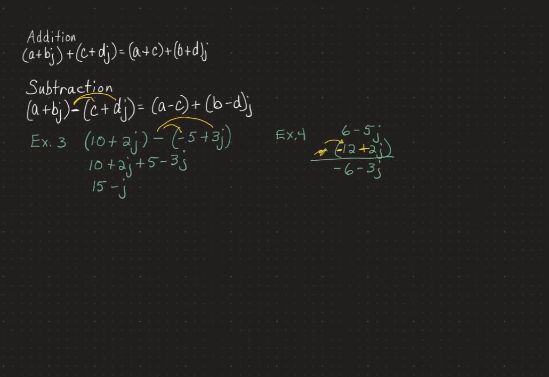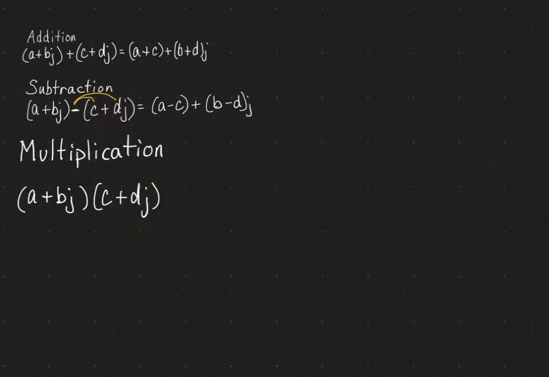Let's move on to multiplication. Now when you look at these two complex numbers here ready to be multiplied, it should remind you of the way binomials look when we multiply them, and we are going to handle them in exactly the same way. We are going to multiply a by each term in the second complex number, and then we're going to multiply bj by each term in the second complex number. So we will get ac, and then a times dj.